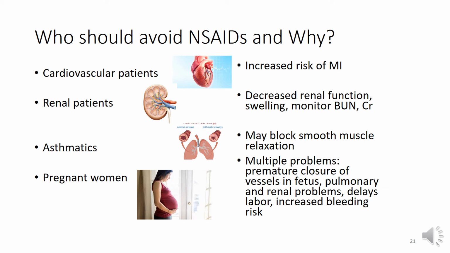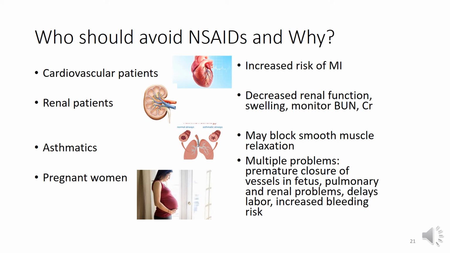So if you are doing a medication reconciliation form when you admit a patient to the hospital and they're complaining of this weird swelling that they've had for a while, and you notice that they take ibuprofen on a daily basis, this antiprostaglandin could be the reason that they are swelling. Asthmatics have to take NSAIDs with caution as well because it can block smooth muscle relaxation, and so it promotes the wheezing and bronchial spasms that asthmatics can have.